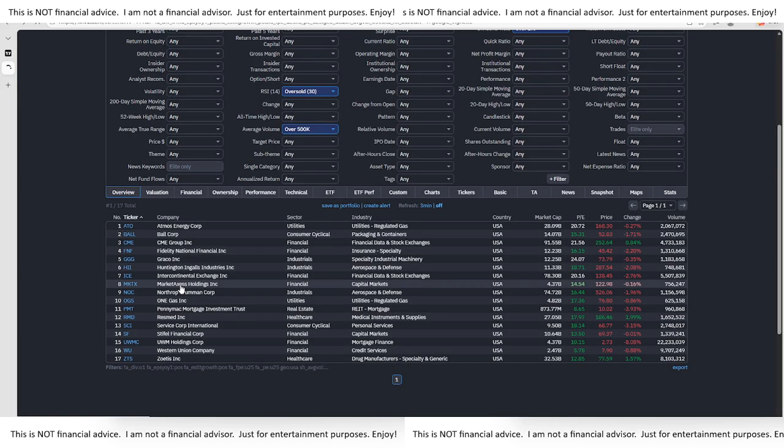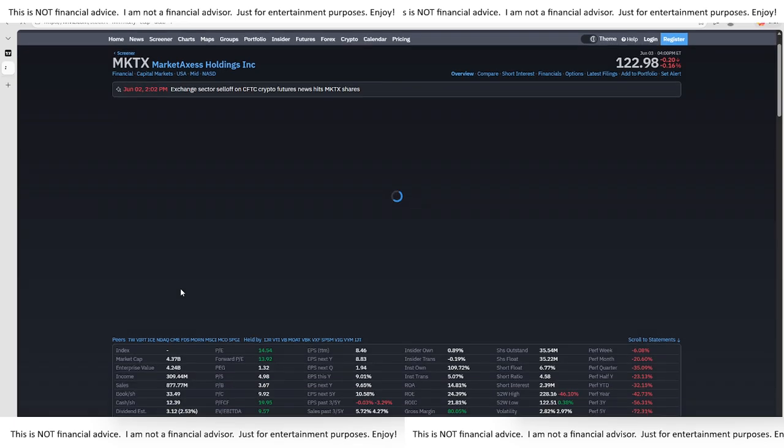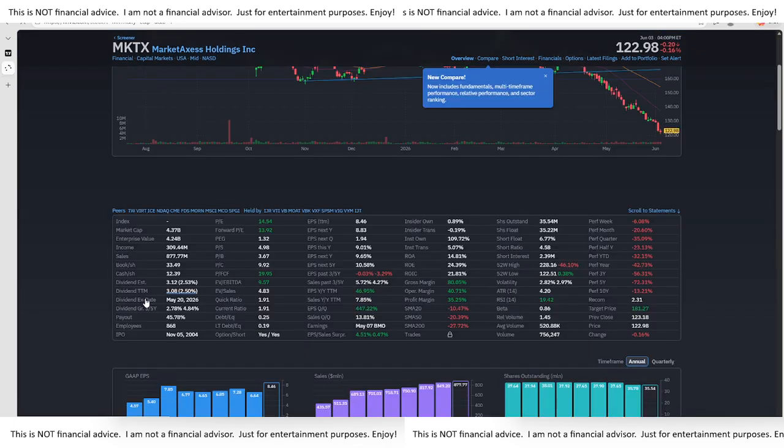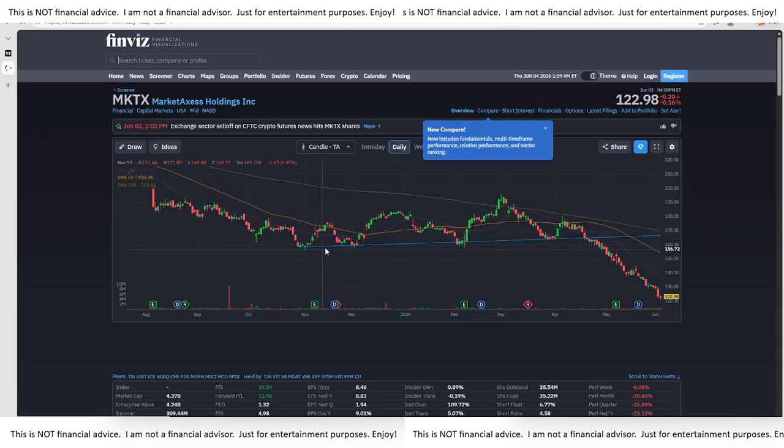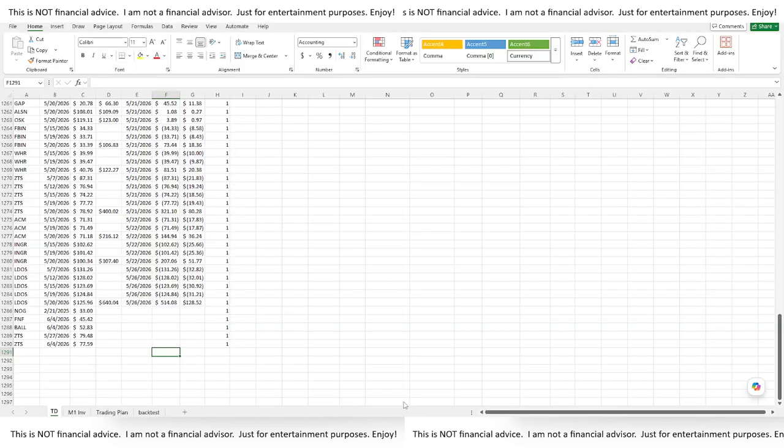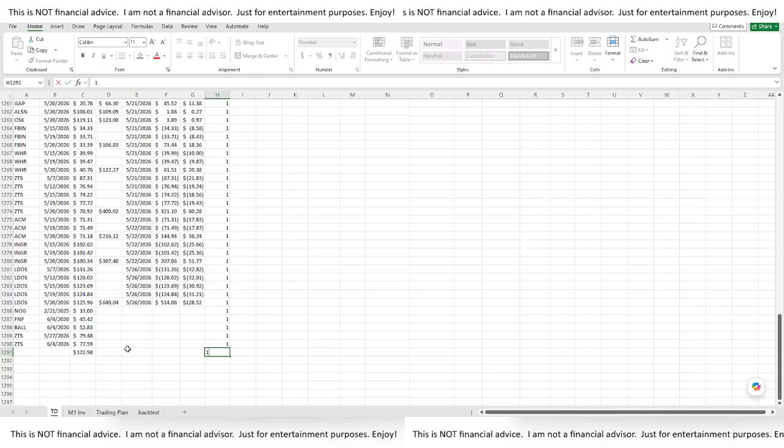MKTX. Market access. Got PEs in range, dividends, almost no debt, like it. MKTX 122.98. I think it was MKTX.